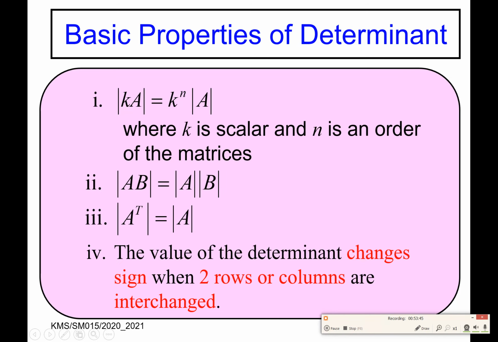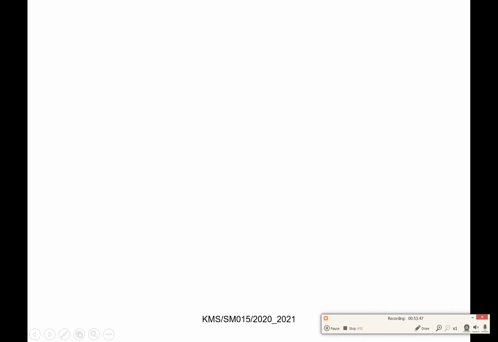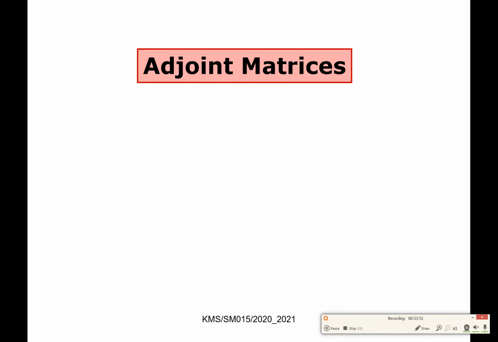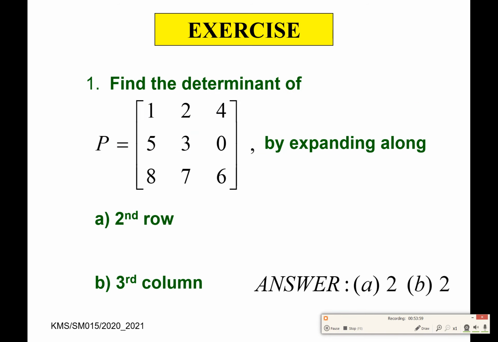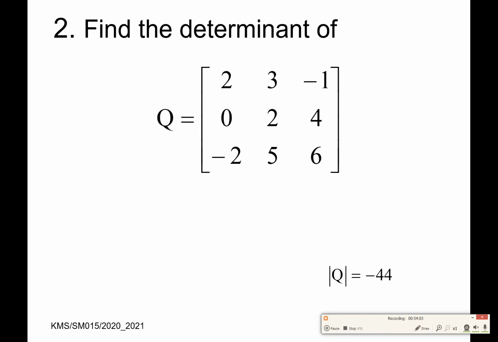And the adjoint matrix is the C transpose. Just check the ij; once you transpose, it changes to ji. And the last part, of course, is the exercise. Check the exercise and do this.